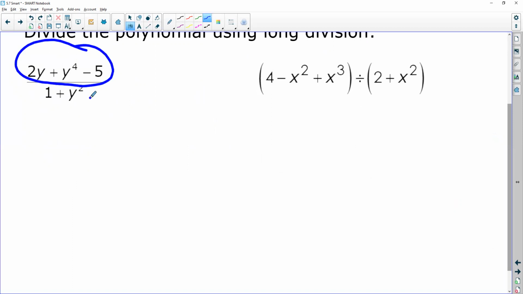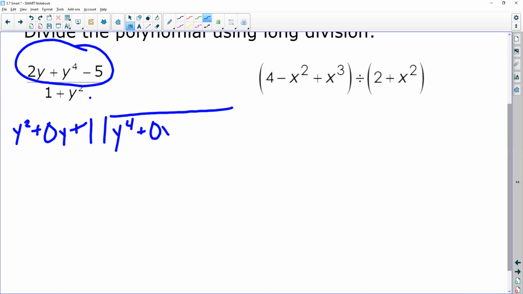So on the top, I'm going to divide into, I need y squared. I don't have any y's, so I need plus 0y plus 1. On the inside, y to the 4th plus 0y cubed, and I don't have any y squareds, plus 2y minus 5.